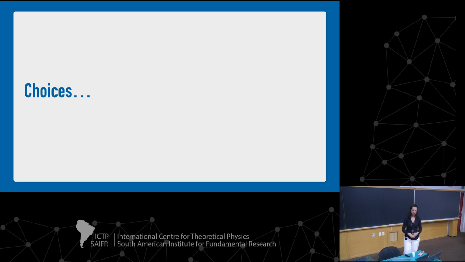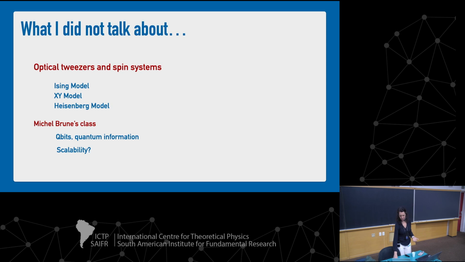And so I'm coming to the end of what I am talking about. Just to remember, I've made some choices. It's not that what I didn't talk about is not happening or is not important. One thing I did not talk about was this whole world of quantum spin chains that are realizable within optical tweezers, and Michel Brun talked about this morning.